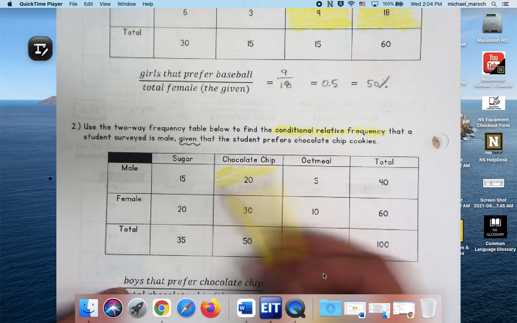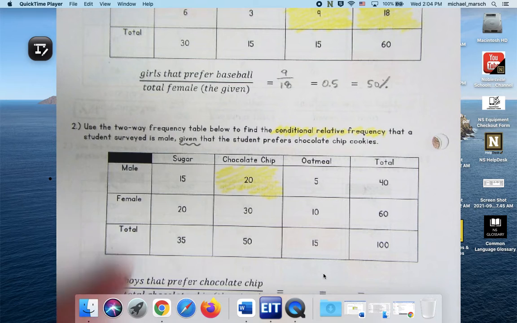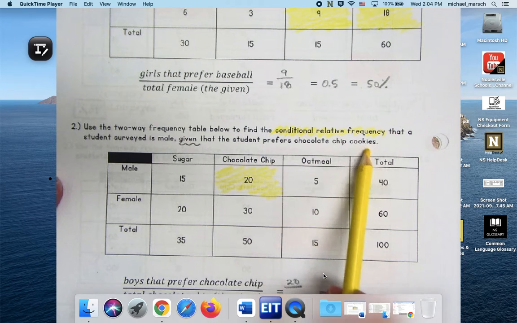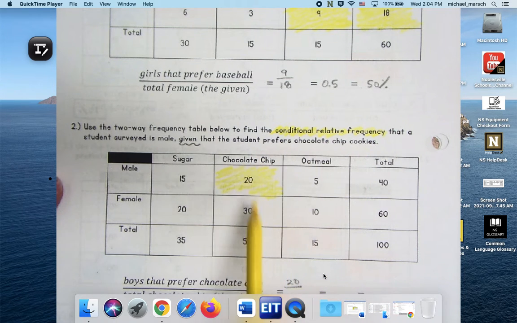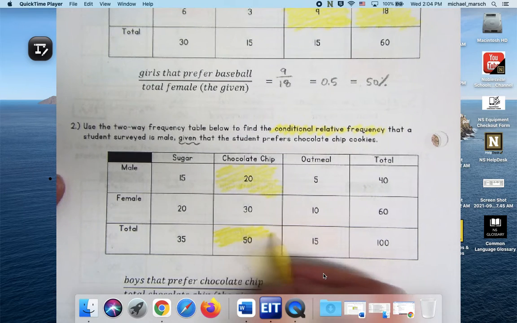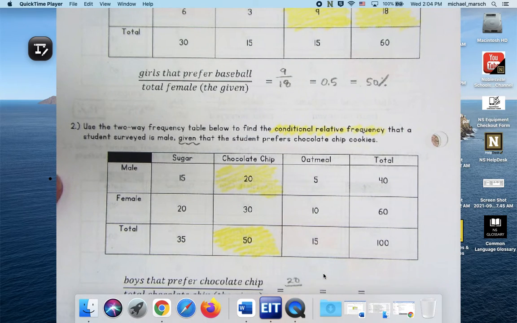We put the two things together to get our numerator, narrow down that one. And then it's given that the student prefers chocolate chip cookies. So I'm going to take the chocolate chip cookie total. So I'm going to get 0.4, which is again 40%.